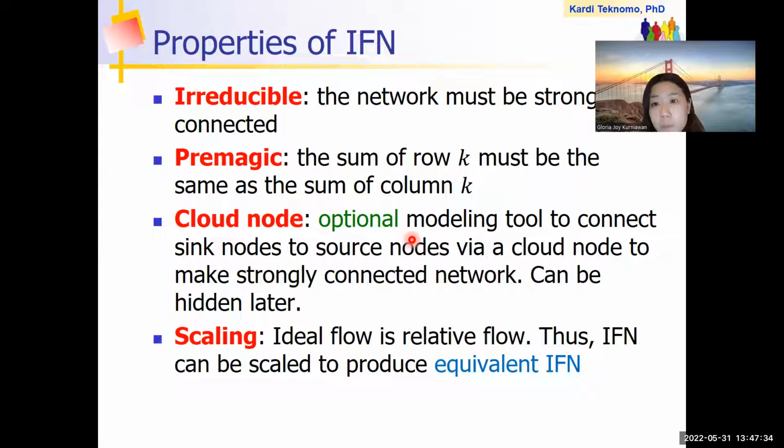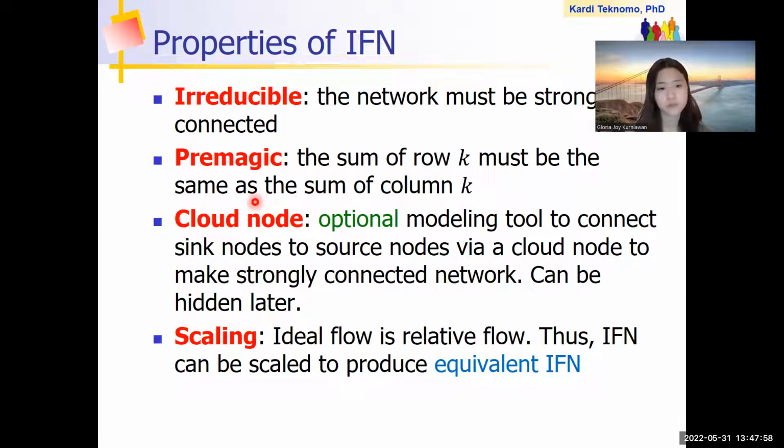Yes, you can still use IFN, as long as your network is not unconnected. If you have two networks, you cannot. But if it is only weakly connected, meaning you have a sink node, a source node, or a component, you can still use it. How to do that? You create, this is again an optional modeling tool, a cloud node.